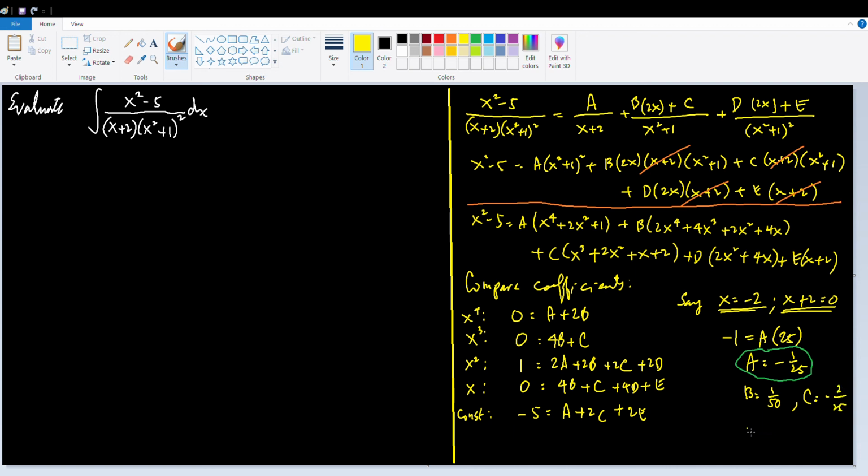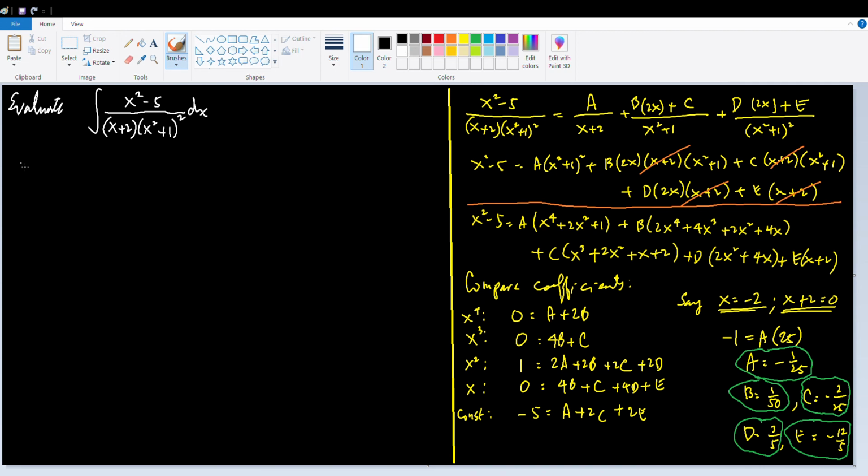D will be equal to 3 over 5. And E will be equal to negative 12 over 5. Okay, so you can verify all these values. Since we already have the value of a, everything else will follow.